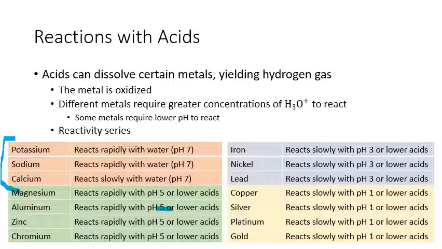These are all those metals that we use to make expensive coins and fancy jewelry. And you can see that you can basically take copper and put it in anything except a pH of 1. So if you put it in pH 2 or 3, nothing's going to happen. But if you put it in pH 1, it's going to start to dissolve and become pitted as well, just like gold and silver and platinum. So these metals are relatively low effects.